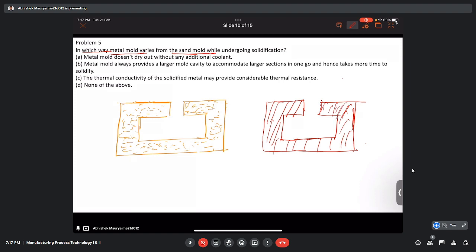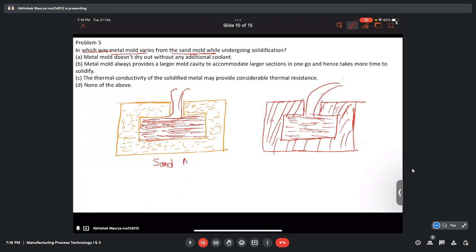Now we will fill this with molten metal. And here also we will fill the mold with the molten metal. So what is the basic difference? This is the sand mold, this is the metal mold.